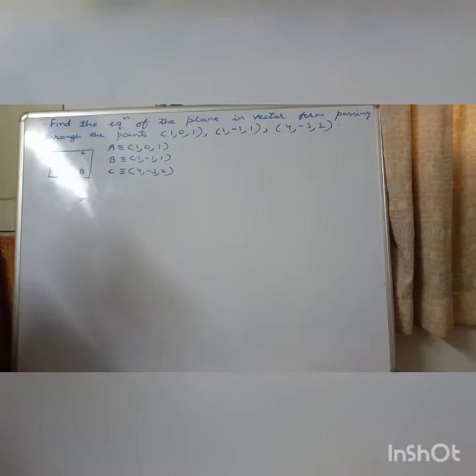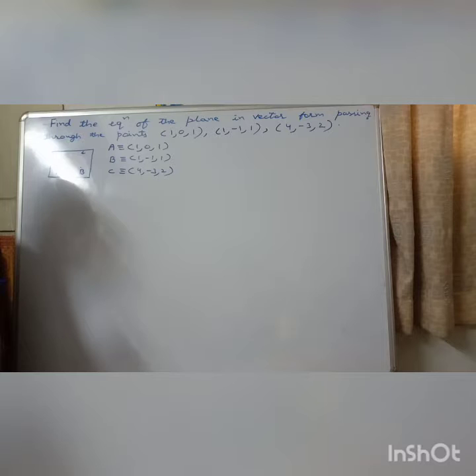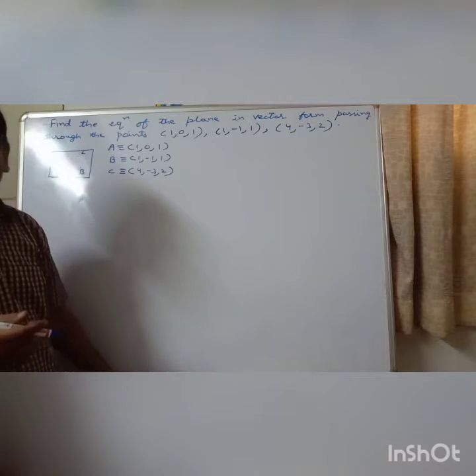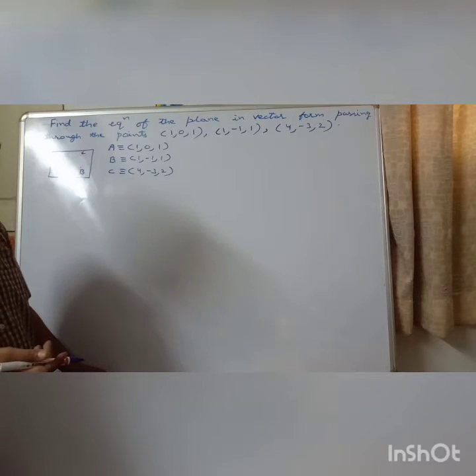Now we have to find the equation of the plane. If we know the position vector of one point in a plane and a vector perpendicular, normal to the plane, then we can find the equation of the plane in vector form. From coordinates of points we shall find position vectors, usually denoted by small letters.